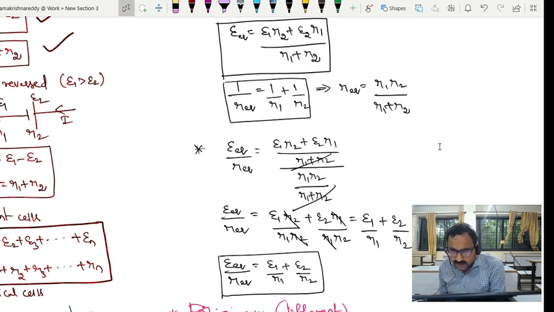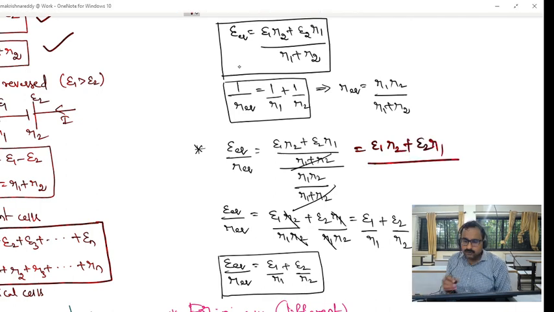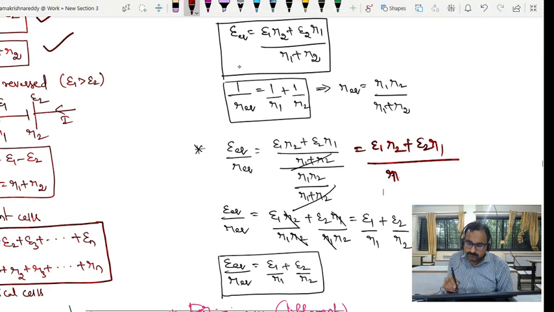So in E equivalent by R equivalent, R1 plus R2 cancel. Then we are getting E1 R2 plus E2 R1 divided by R1 R2.